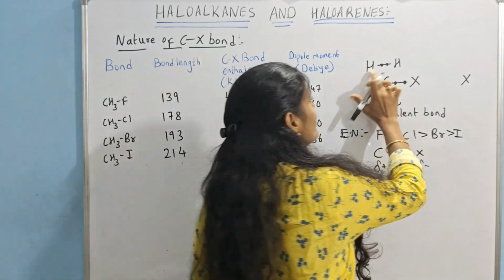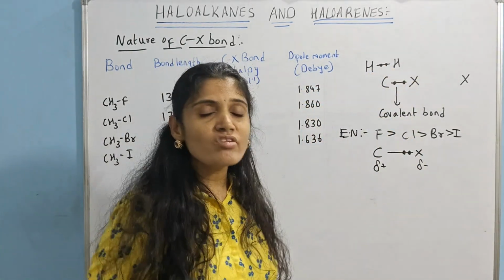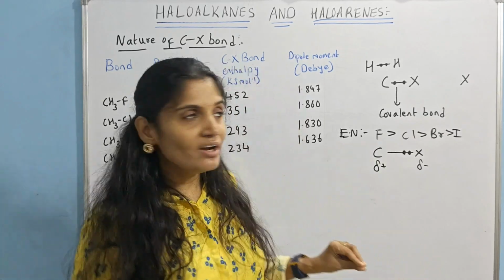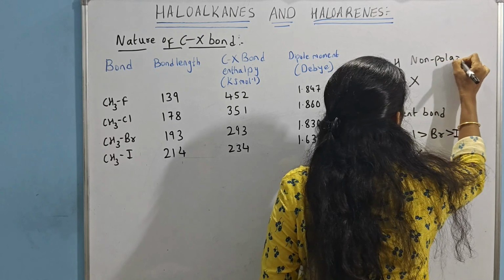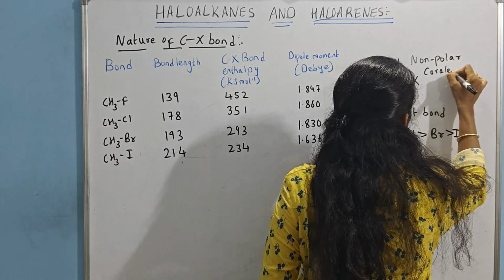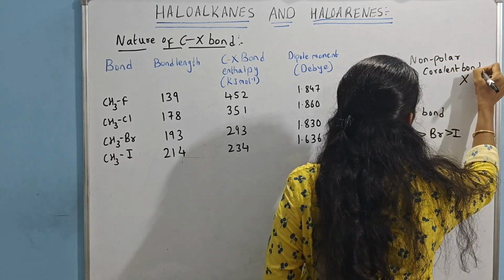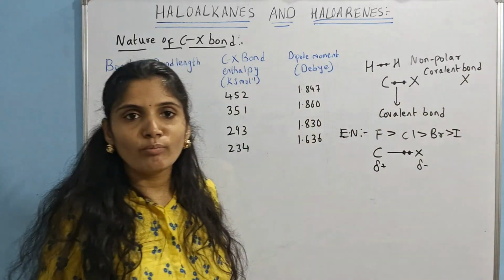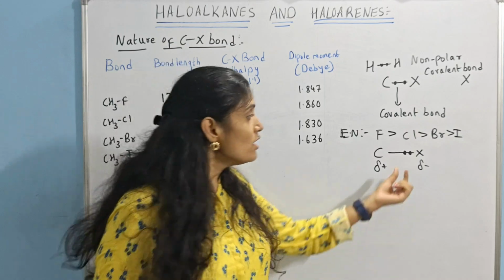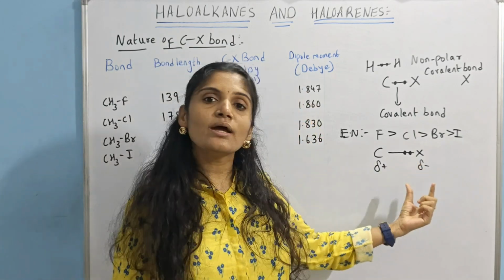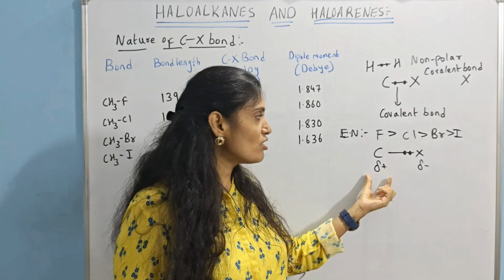Now, when there is no possibility of any charge because there is no electronegativity difference, that kind of covalent bond I call a non-polar covalent bond. Here, the halogen is getting a partial negative charge and here you have a partial positive charge.